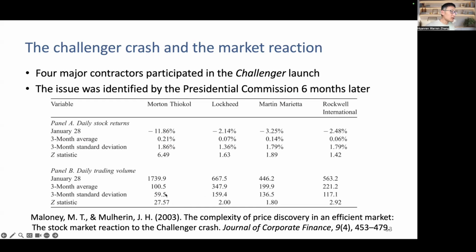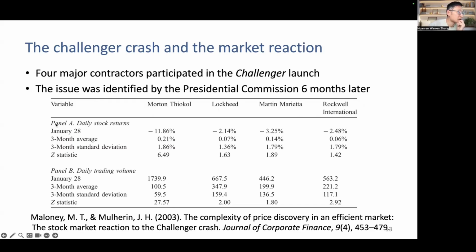Now, let's look at the corresponding stock price of the 4 companies who are the major contractors participating in the Challenger launch, right? So we have Morton Thiokol, Lockheed, Martin Marietta, and Rockwell International, right?